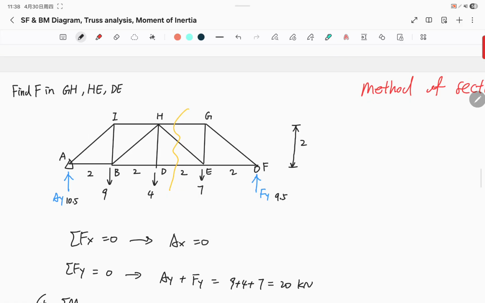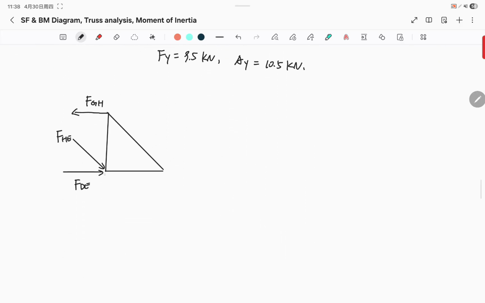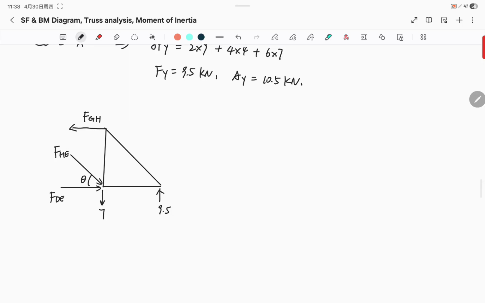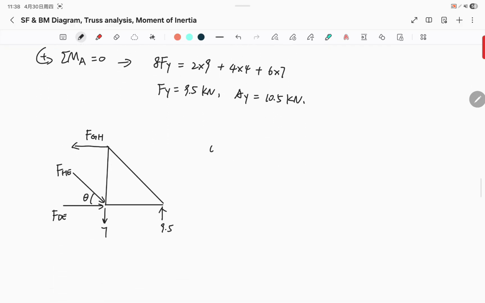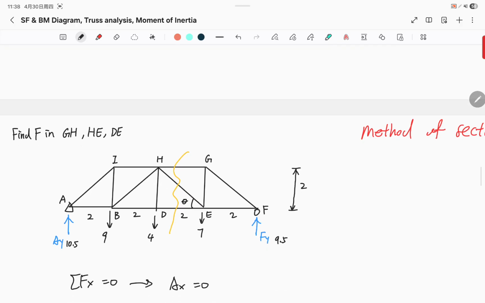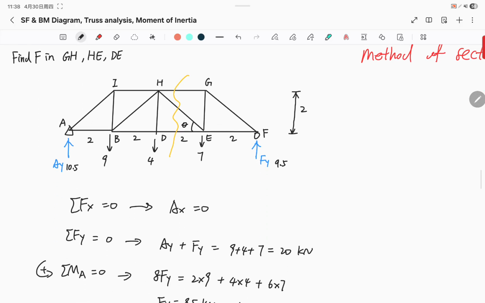Then we have a given force 7, and the Fy we just calculated, Fy is 9.5. We're gonna need this angle, theta. Theta is right here, 2 by 2, so 45 degrees.